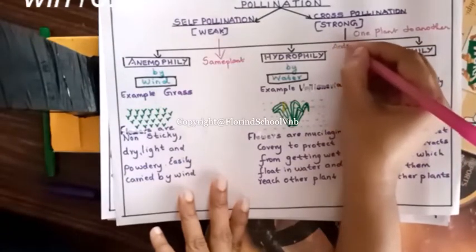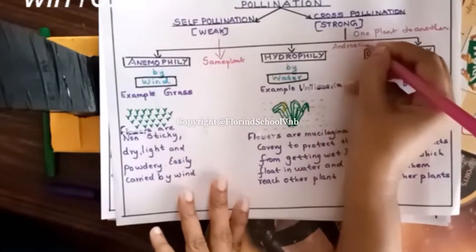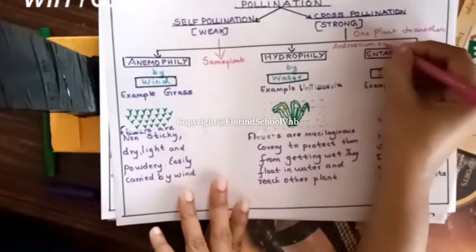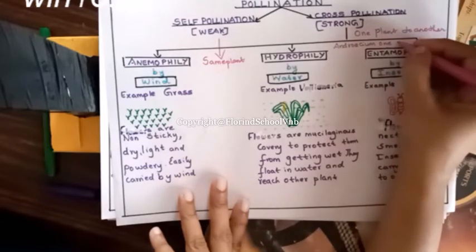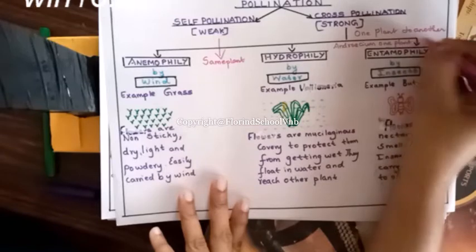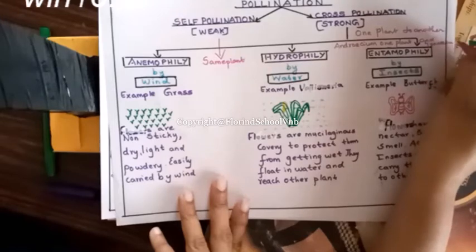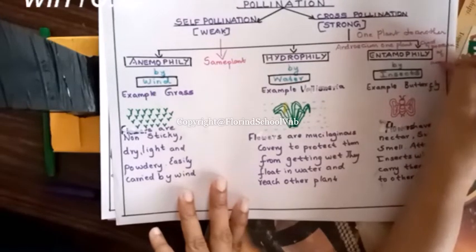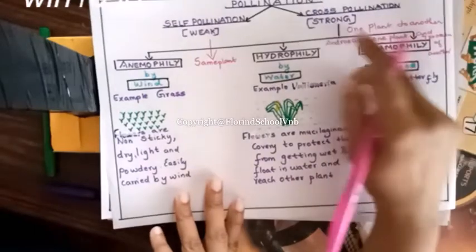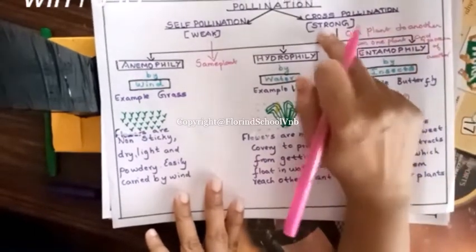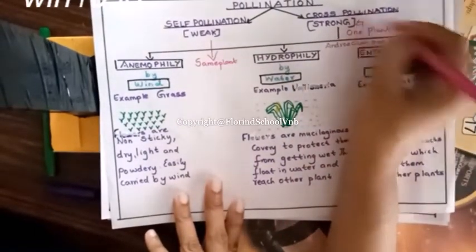The androecium of one flower, one plant, and the gynoecium of another. So it is strong.